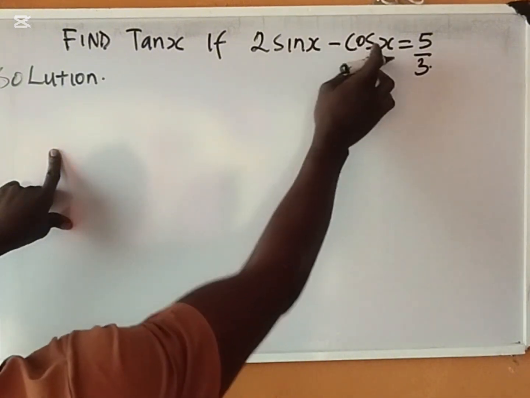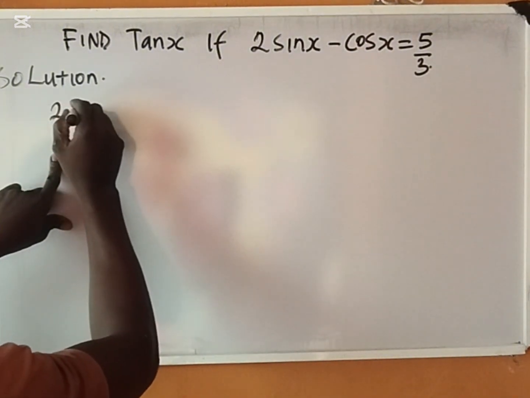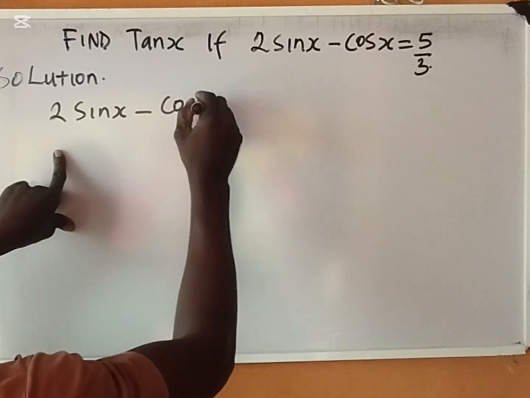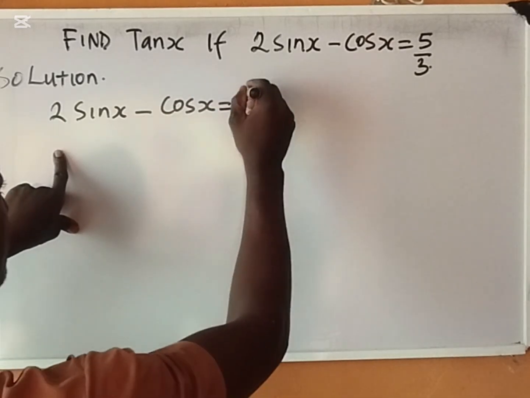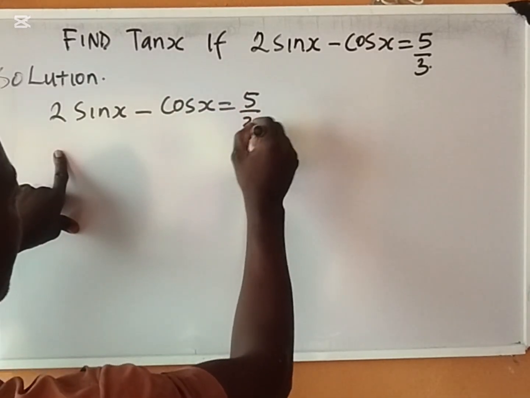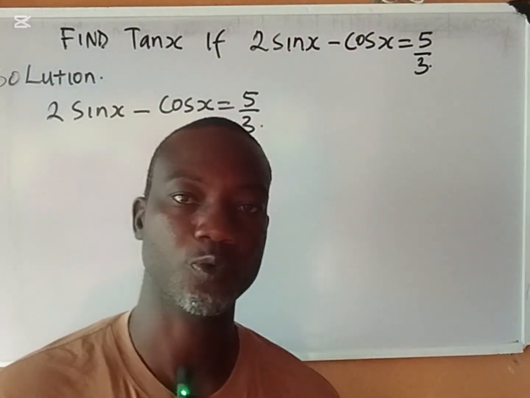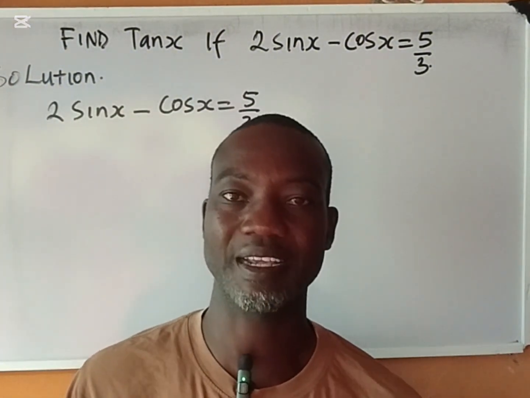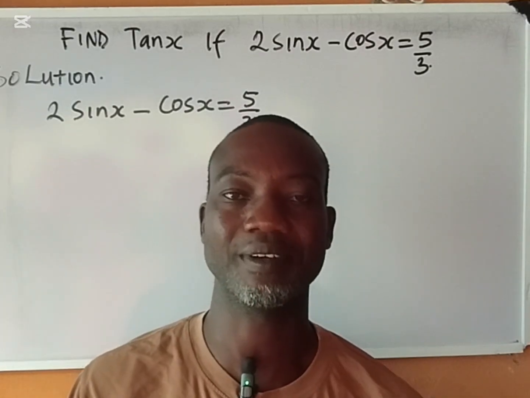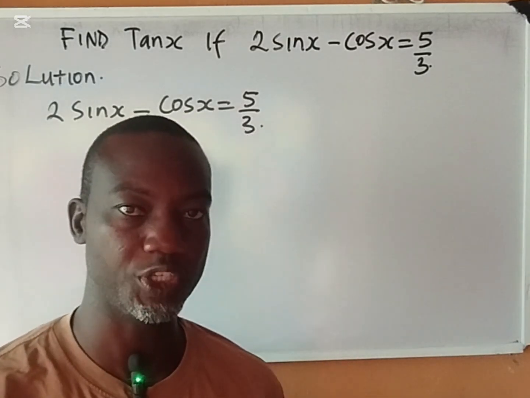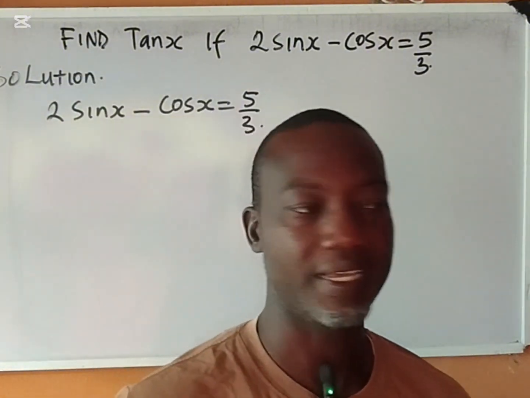Let me rewrite the given: 2 sine x minus cos x is equal to 5 over 3. There are different ways we can solve this question. We are going to arrive at the same answer, provided we do the right thing. But I choose to start by dividing both sides of this equation by cos x.